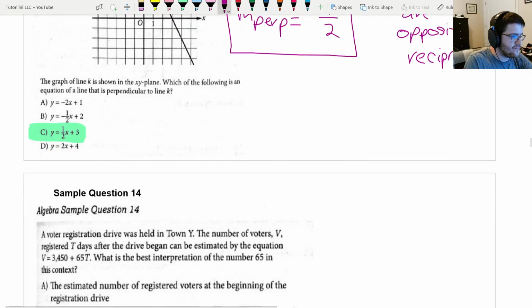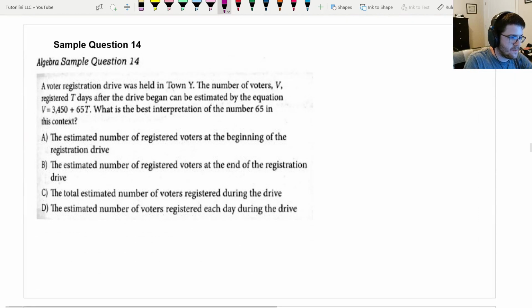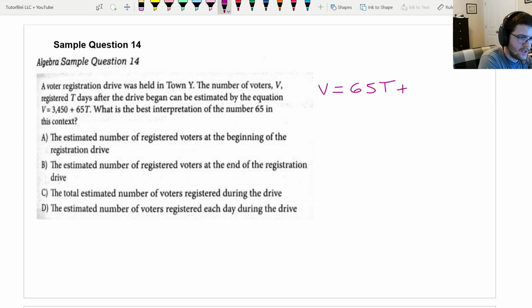Great, looks good. Okay, let's do sample question 14. Right away, I'm just going to rewrite this to make it more clear for everyone. So V equals 65t plus 3450.